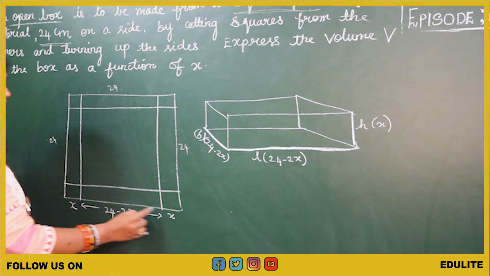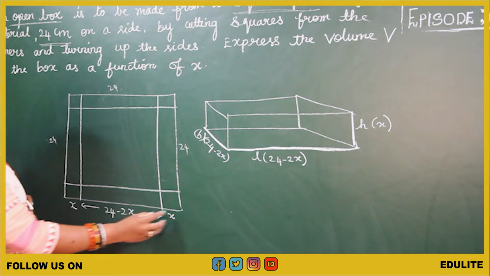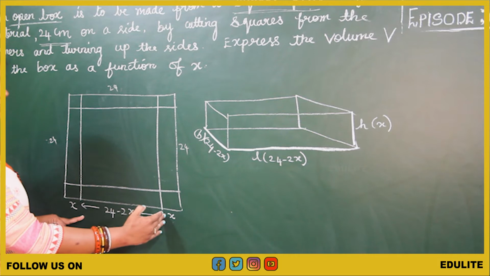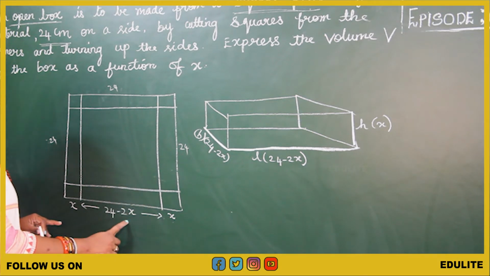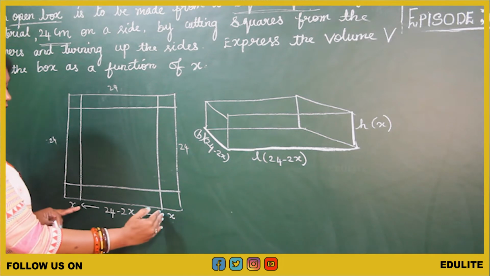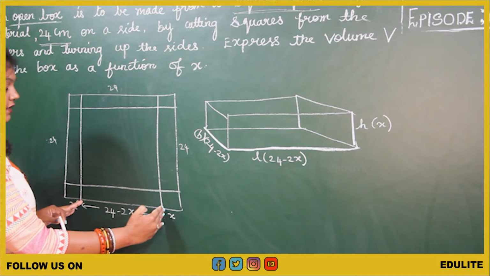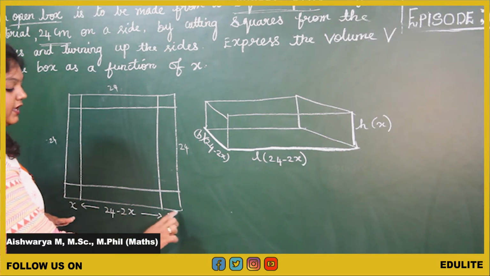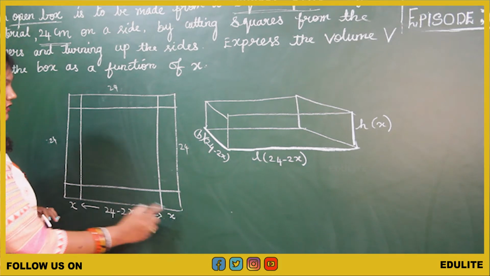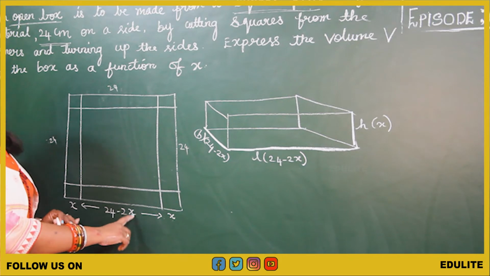Similarly, if I take this side, one portion over here is cut, it is x, and one portion over here is cut, it is x. So, this portion we express as 24 minus 2x, because x plus x is 2x is cut from the whole portion of 24.